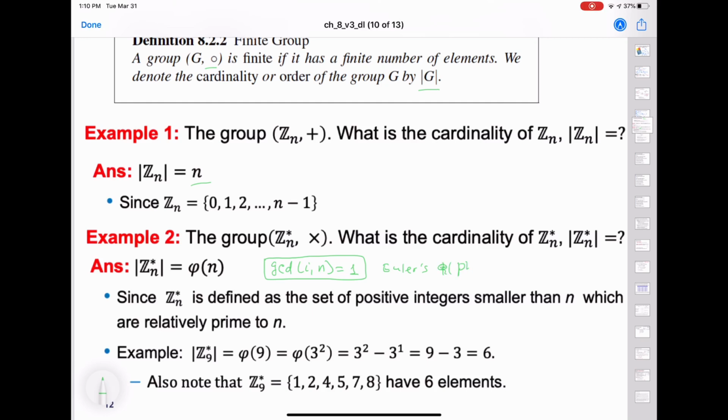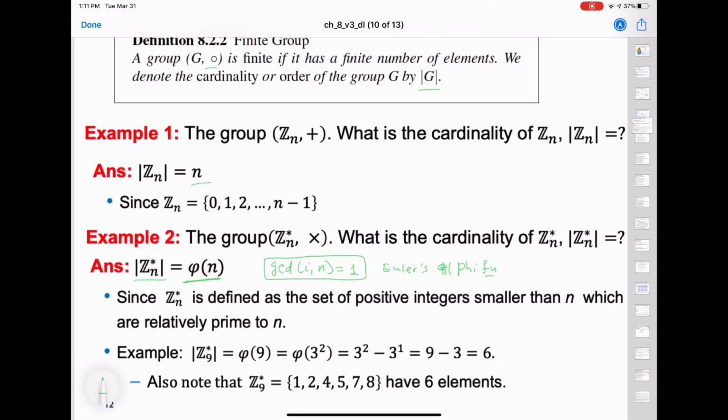So we say that the cardinality of Zn star is equal to phi of n, as explained in chapter 1 homework, the 1.10, I think. Since Zn star is defined as the set of positive integers smaller than n which are relatively prime to n, that's why it is phi of n.